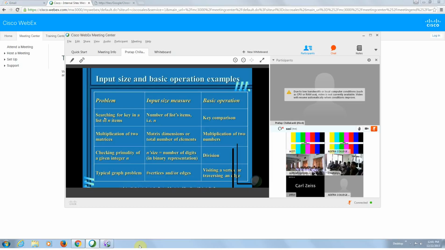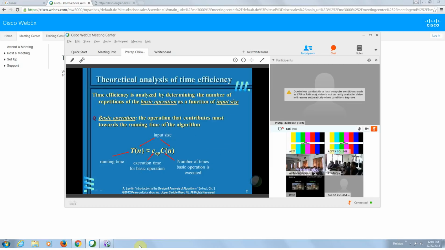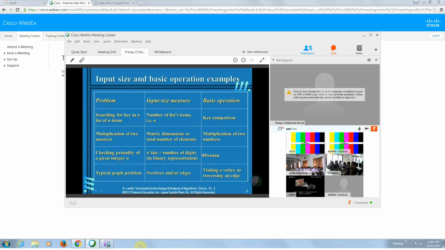So when we talk about time and space measurements here, if I go back to the slide here, that's what we are doing. That is the way we are analyzing time efficiency. So what could be a potential exam question here? The exam question, if I may give you, is I'll take some practical problem.